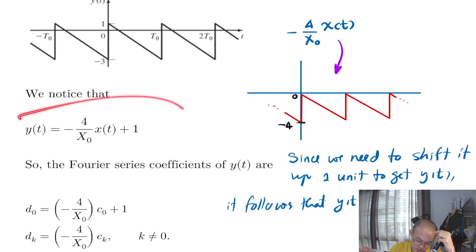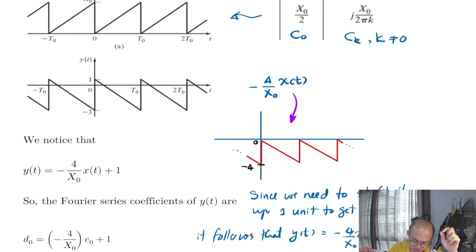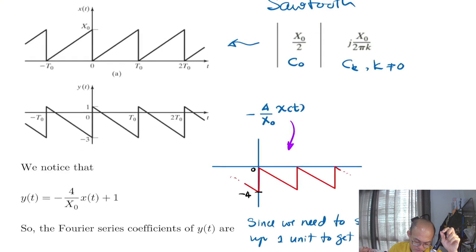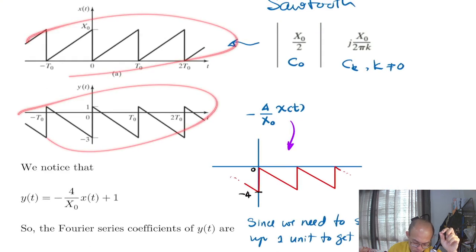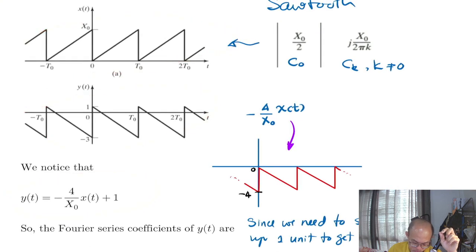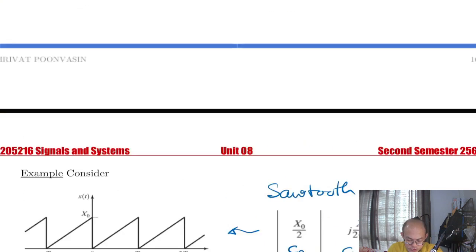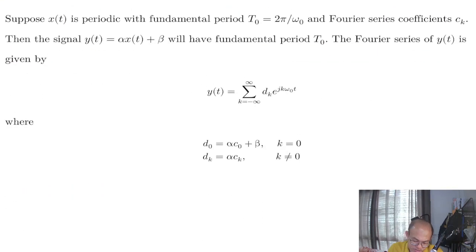Hence this equation. So now we have found the algebraic relationship between x and y. X here, y here, so y is minus 4 over x0 times x plus 1. Now we could use this property. Alpha is minus 4 over x0 and beta is 1.